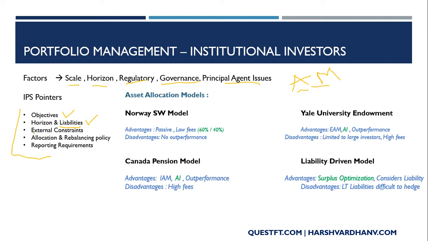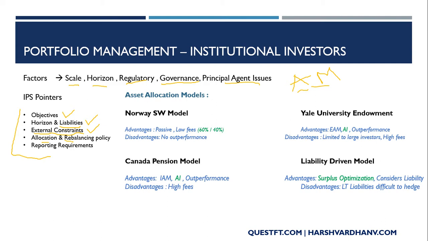Are there any external constraints, like any regulatory constraint, any investment committee or any shareholder blockade for investments? What is the current strategic asset allocation and rebalancing policy? Obviously any institutional investor will have a strategic asset allocation, the ideal asset allocation that they want to have, and based on that they might also have a rebalancing policy in case a threshold is reached or the market situation changes.